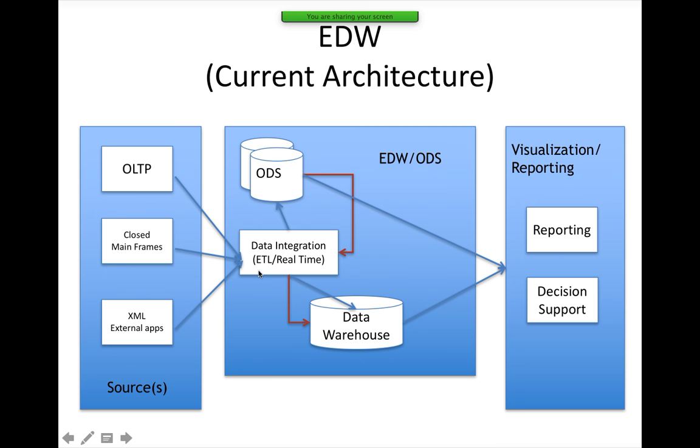And then for data integration, we use tools like Informatica, Talend, DataStage, etc. Okay, and if you have to get data in real time, we use tools like GoldenGate, SharePlex, etc. to get data from OLTP systems into the ODS. From mainframes, again GoldenGate can be used to get the data from mainframes also.